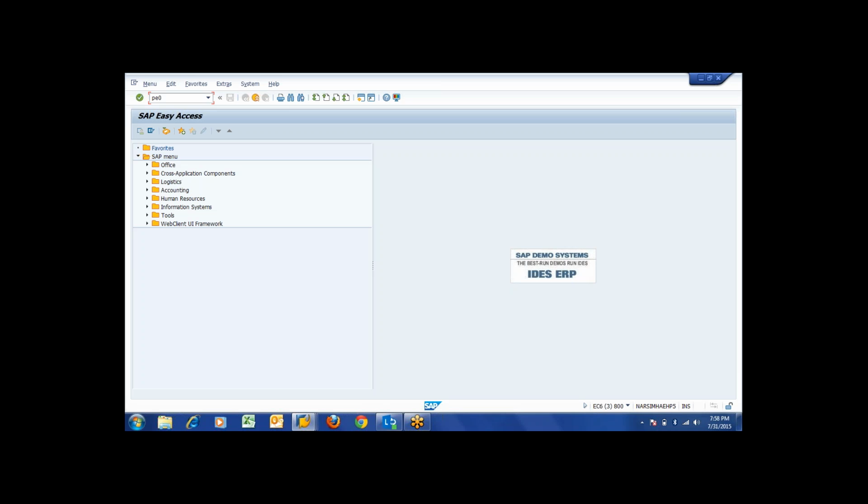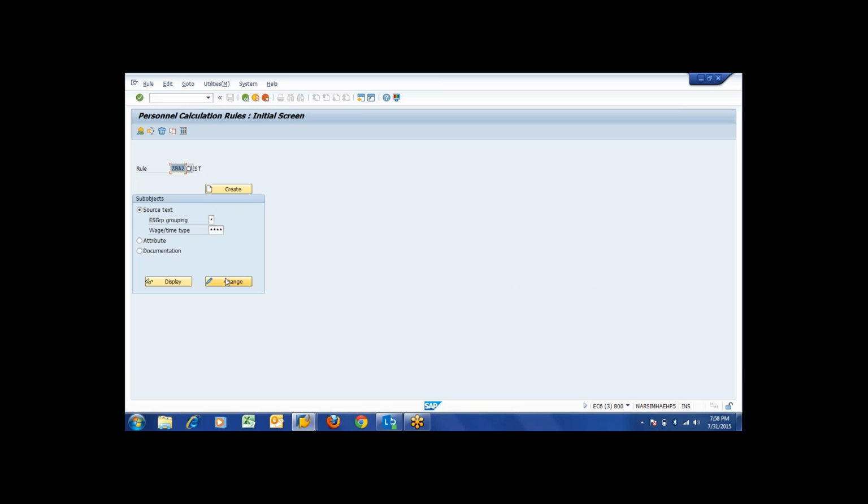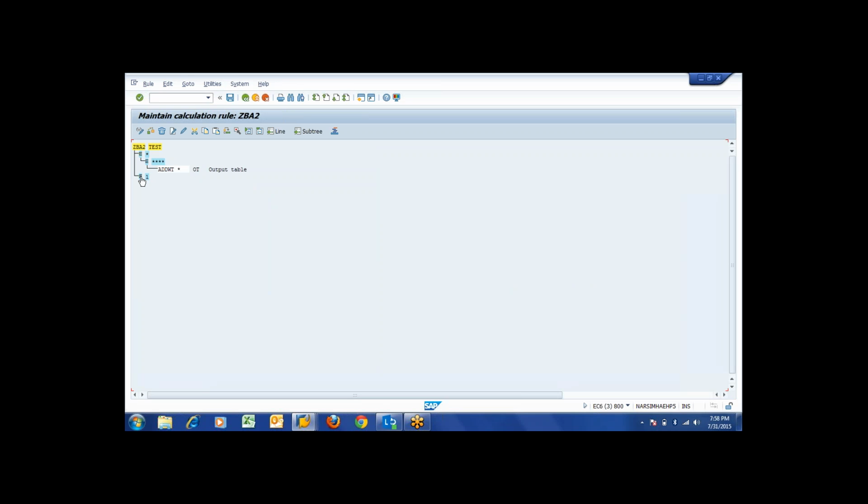Whenever the company has a new allowance, every time we have to go to this PCR and add a new wage type over here. Let us say a 0600 wage type came, again we have to write the logic for that particular wage type again. So it is almost like a hard coding thing.